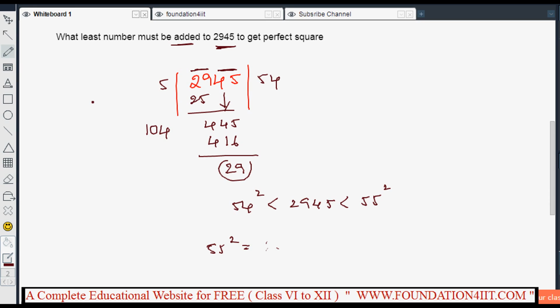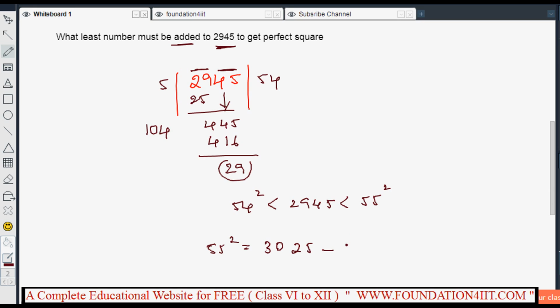In the previous problem, when asked what must be subtracted, we directly subtract what is coming extra. But when asked what must be added, you should go for the next perfect number. So 55 square is 3025.